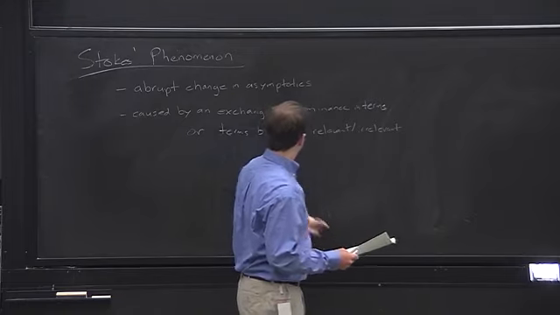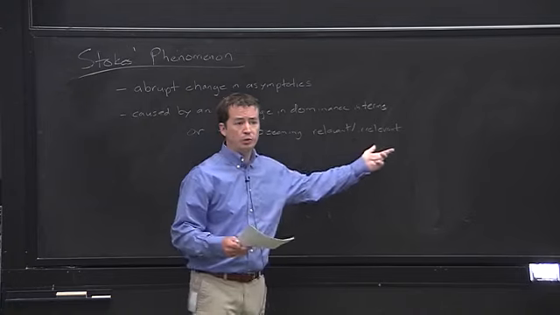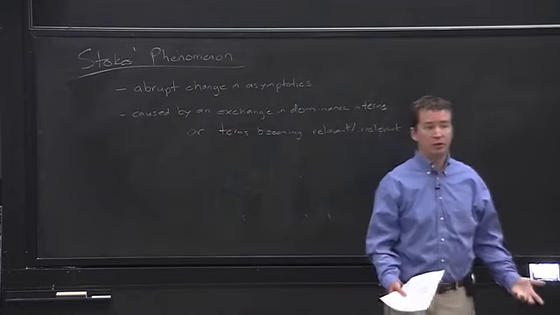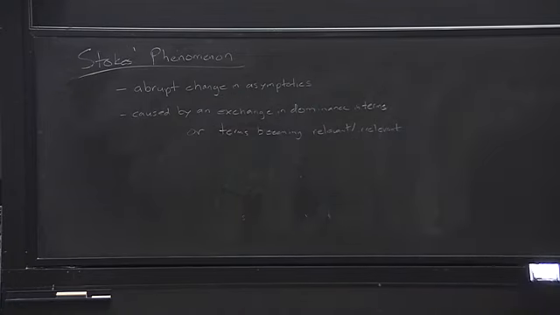Okay. So what do I mean by terms becoming relevant or irrelevant? We saw that the contour contained three possible types of terms, two endpoint terms and one saddle point term.